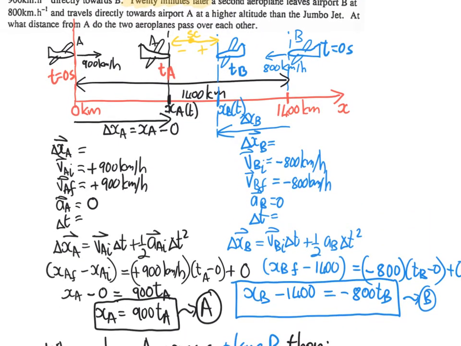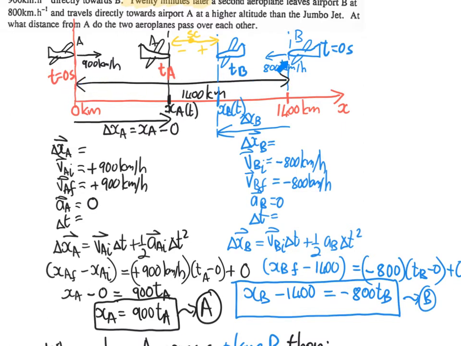So I'm defining the position when the aircraft leaves A, when it's in the air. We're not taking into consideration its takeoff. We're making some broad assumptions here. We're looking at its position once it's in mid-air.